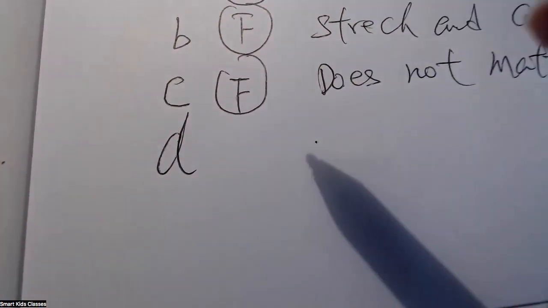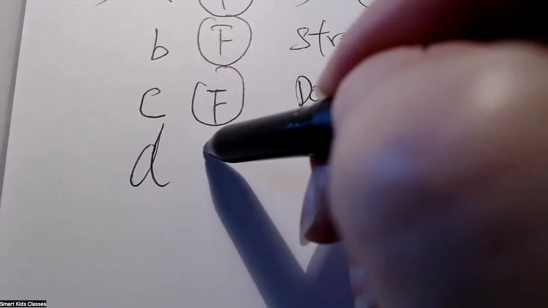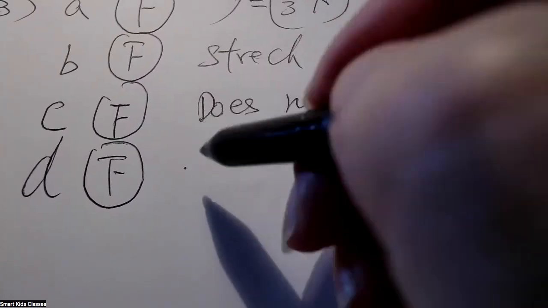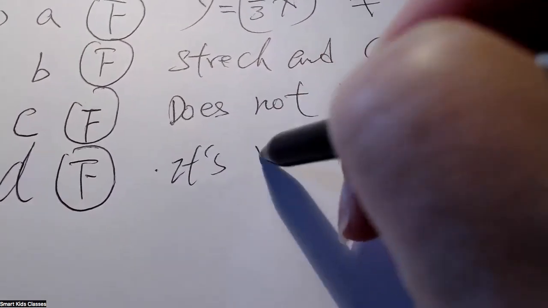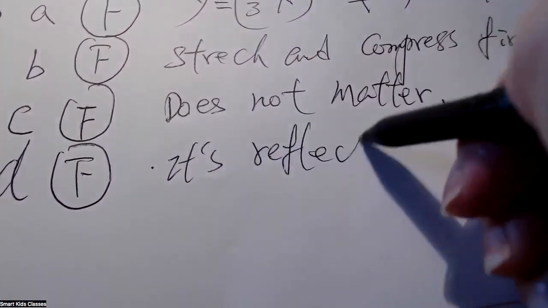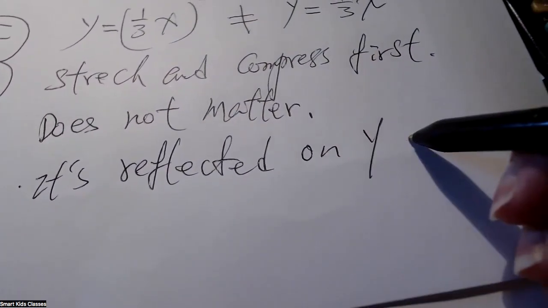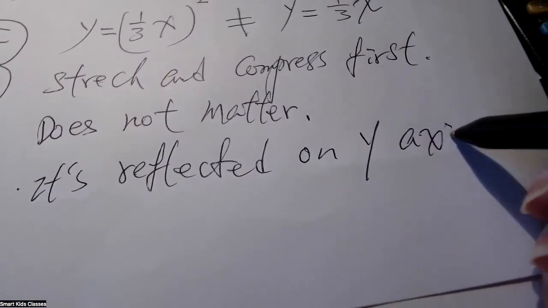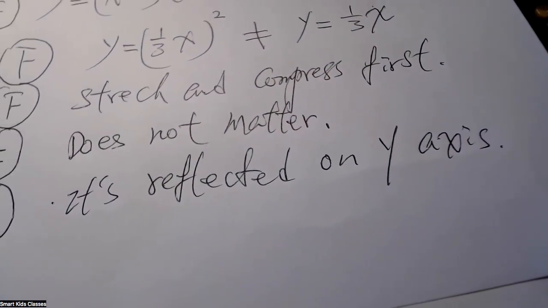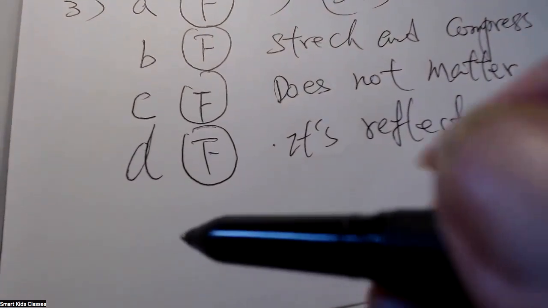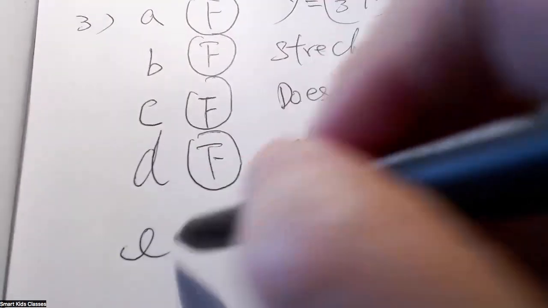So that's how we answer it. So we're going to put false. So reflect on y. So x negative reflects on y, y negative reflects on x. That's how we answer it.